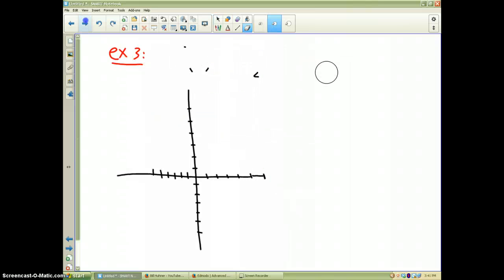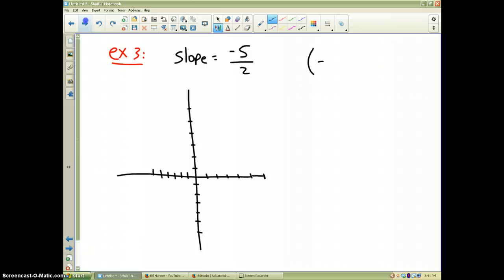Now, I would like you to stop the video, and I would like you to do this particular problem. I want you to graph a slope of -5/2 and through the point -3, 4.